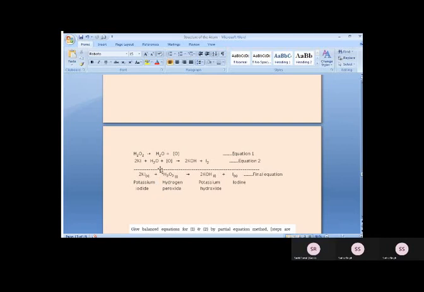In the next step, you write all the reactants together, then an arrow, then all the products together, and cancel out. Like in mathematics, suppose we have x plus 5 on one side and y plus 5 on the other, we can cancel out 5 and 5. In the same way here we cancel out and ultimately get the final balanced equation.